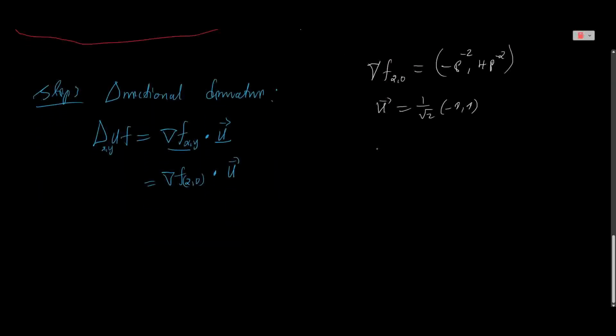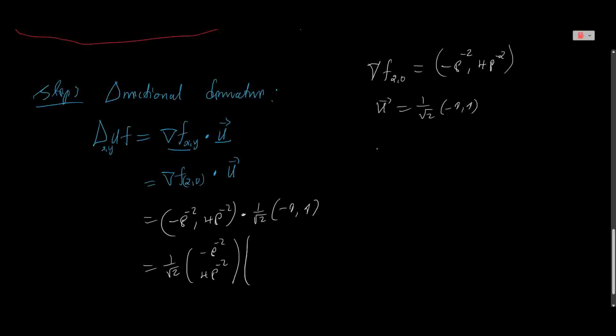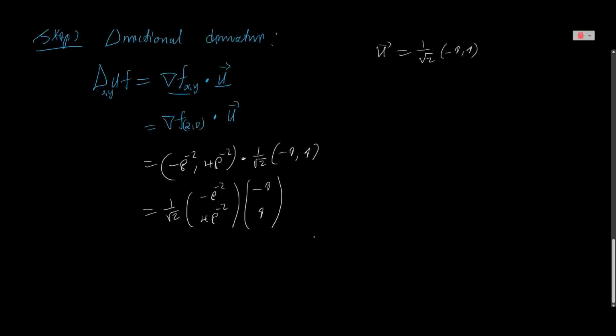In this case, we're simply substituting it. So it should be negative e raised to the power negative 2 comma 4 e raised to the power negative 2, multiplied by 1 on root 2 times negative 1 comma 1. We can write this as the dot product of negative e to the minus 2, 4 e to the minus 2 with negative 1 comma 1, and further simplify with the 1 on root 2.